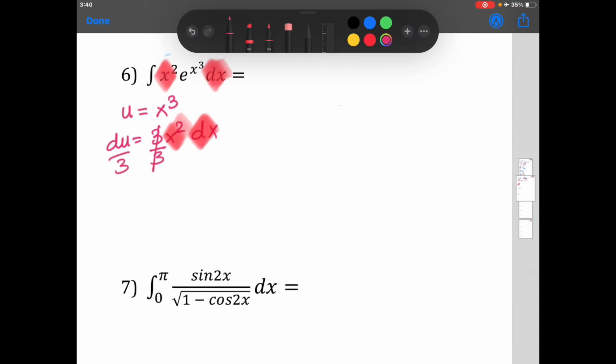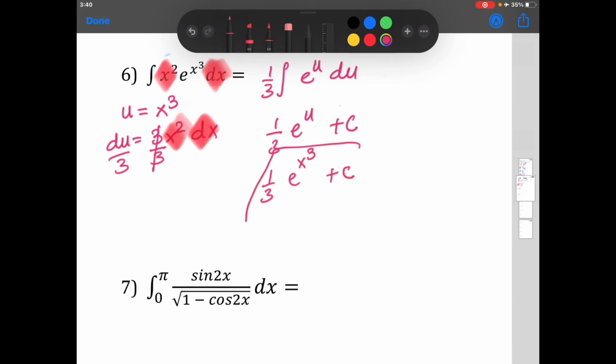This cancels out. So I'm going to rewrite this integral in terms of u. I'm going to pull out the 1/3, e to the u du. The integral of e to the u is just e to the u plus c. Substitute back your u, which was x cubed, plus c.